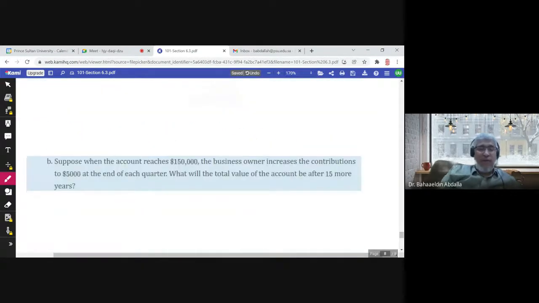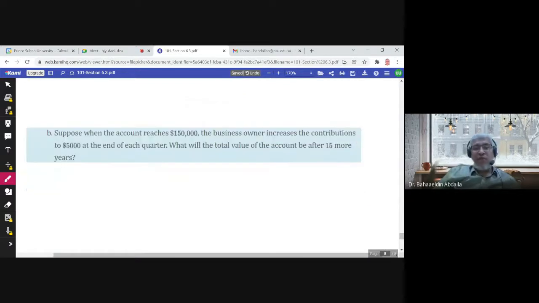Suppose when the account reaches 150,000, the business owner increases the contribution to 5,000 at the end of each quarter. What will the total value of the account be after 15 more years? So what is the situation now?